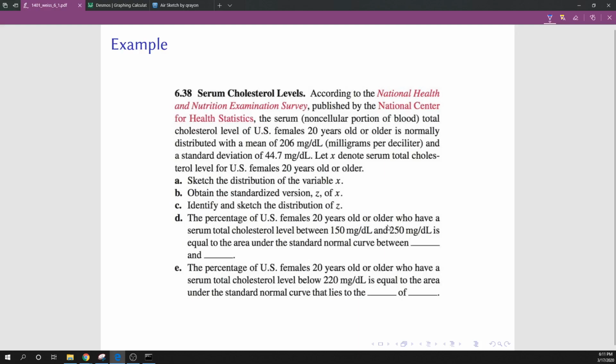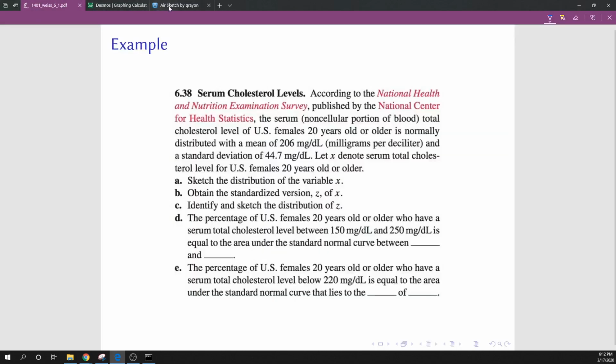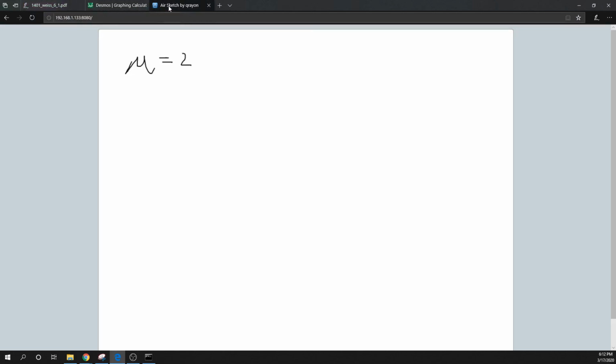All right, so let's try this out, and I've got a new way to write here, so hopefully this will be better than what we were doing before. First off, we need to write down the mean. So the mean was 206, and the standard deviation was 44.7.